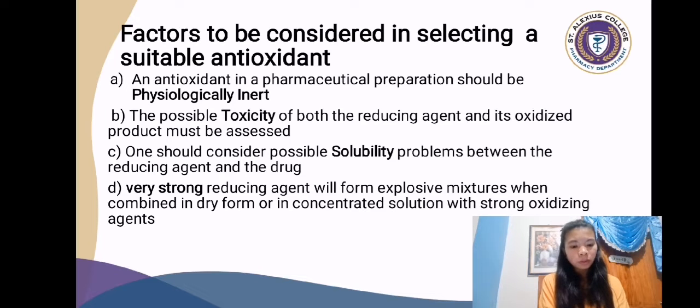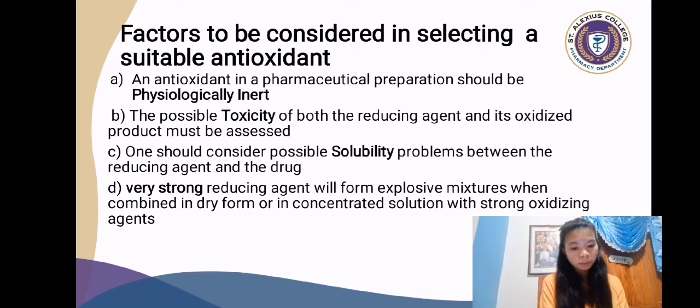Next, the possible toxicity of both the reducing agent and its oxidized product must be assessed. Next, one should consider possible solubility problems between the reducing agent and the drug. So, we should consider also na may mga solubility problems, may matutunaw. When the word is solubility, matutunaw siya, madidissolve siya between the reducing agent and the drug.